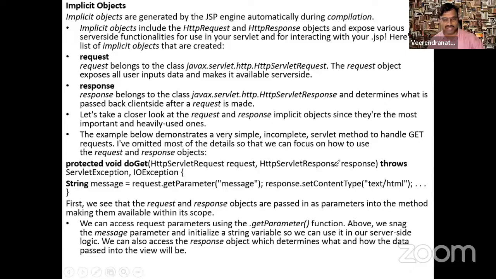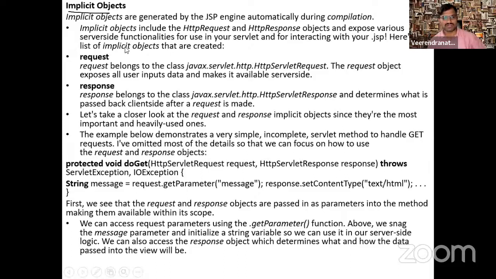So what we are trying to say at the end of the day is that we cannot use this directly onto the JSP page. So we take the help of the implicit objects. Implicit objects are the objects that will be created internally when you develop the JSP program.